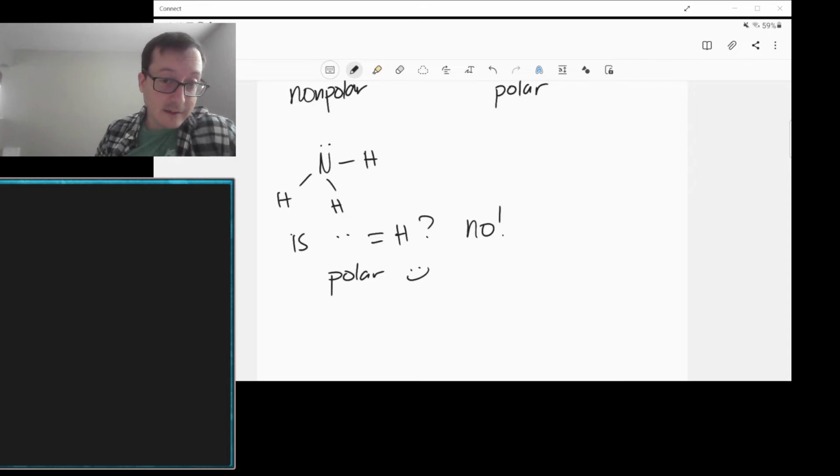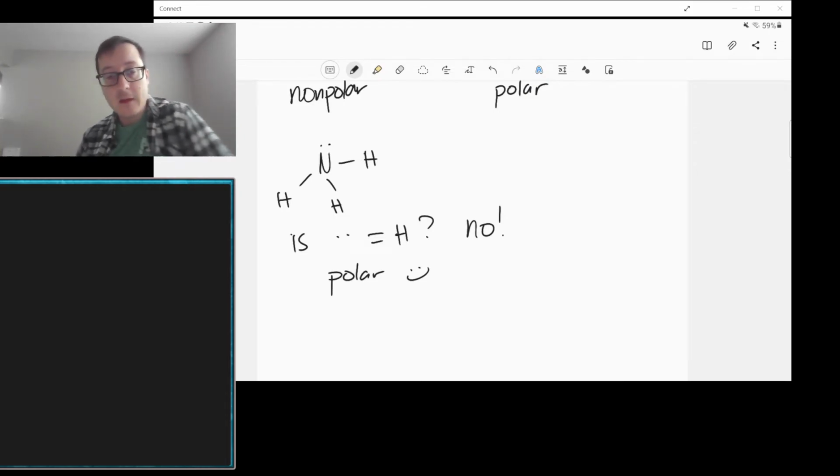So we're going to see that we have polarity all over the place. Anytime you have any electron domains that are different from each other, you're going to have a polar molecule. Right? So that's the idea here. It's really easy to tell. And we're going to explore this more in, I think, two chapters.